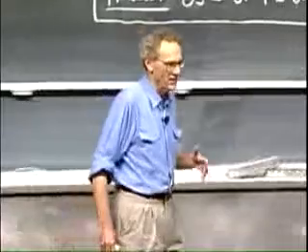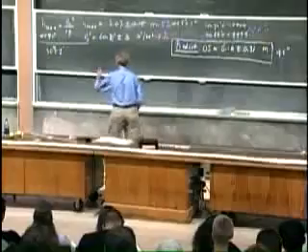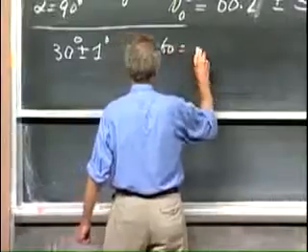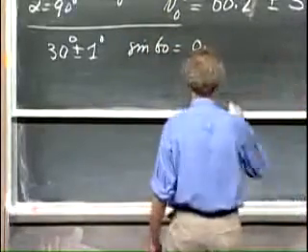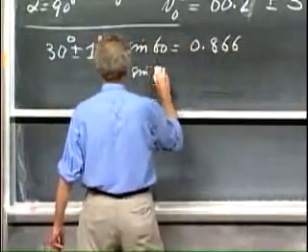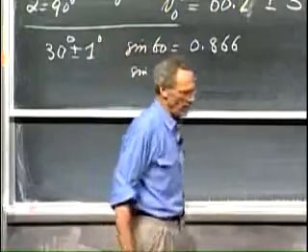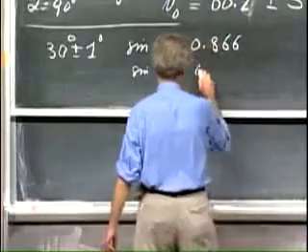That is risky now. Because the sine of 60 degrees, that's what you deal with. The sine of 60 degrees, I think, is 0.866. That's right. But the sine of 58 degrees, which is possible if I'm 1 degree under, is 0.848.